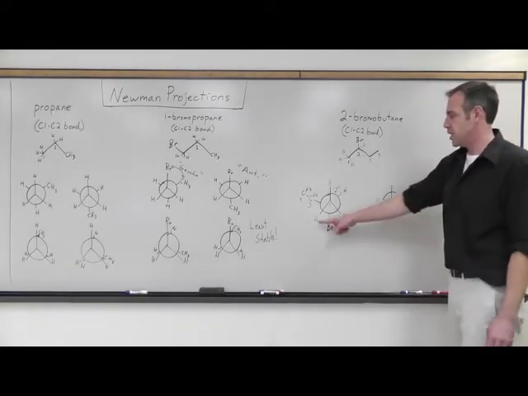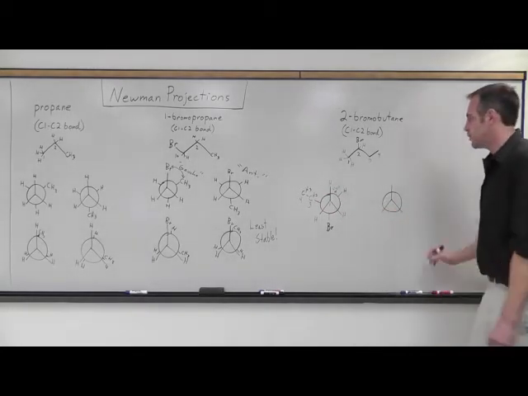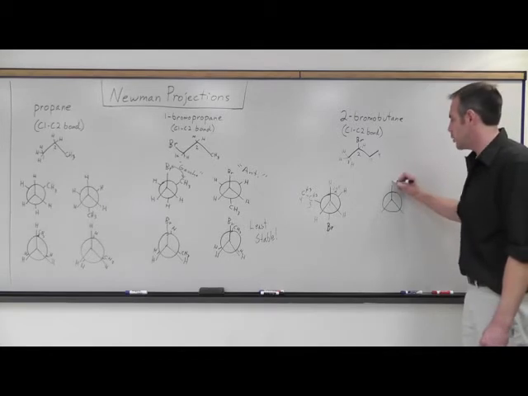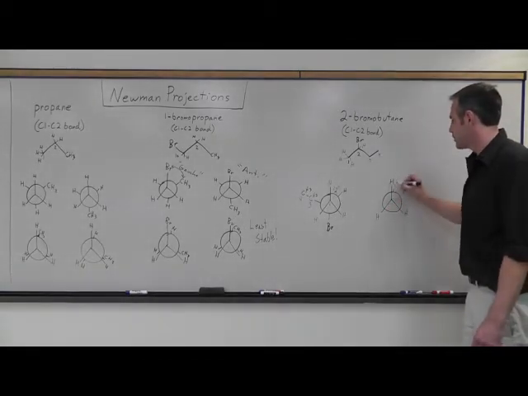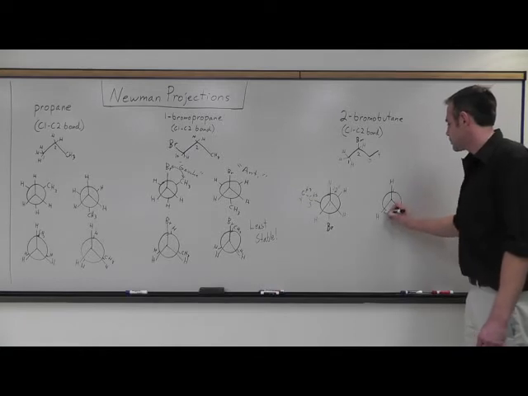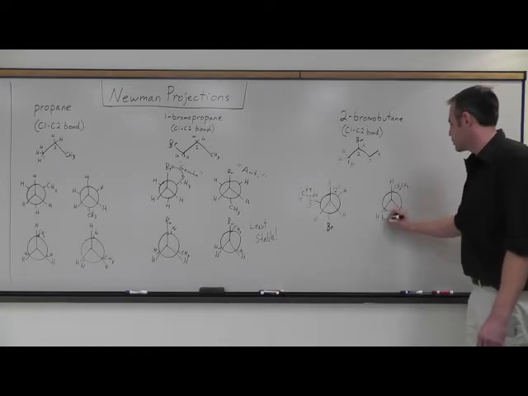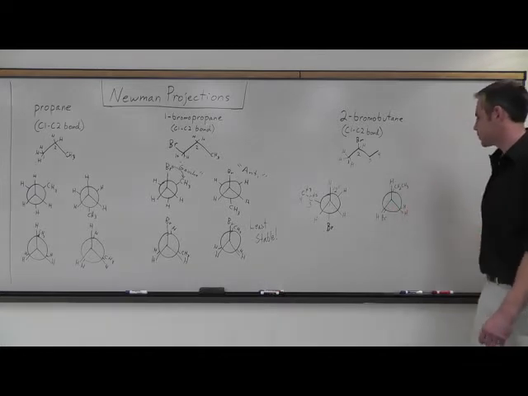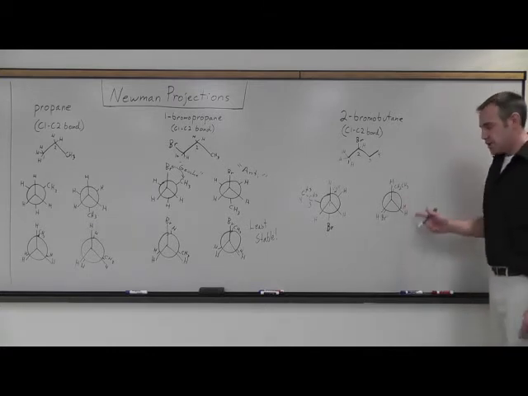Since the front carbon has all hydrogens, no matter how you would rotate this, they would all be the same energy. Likewise, we would only have one eclipsed conformation. And there's different ways to represent this.